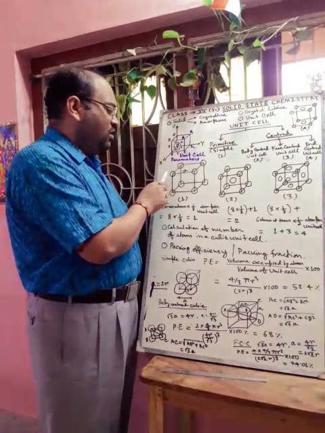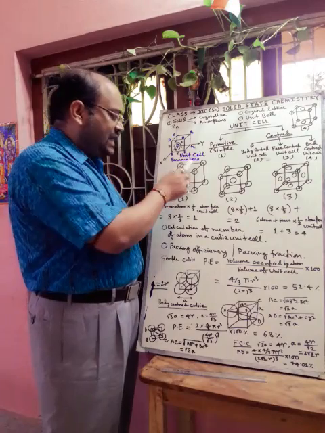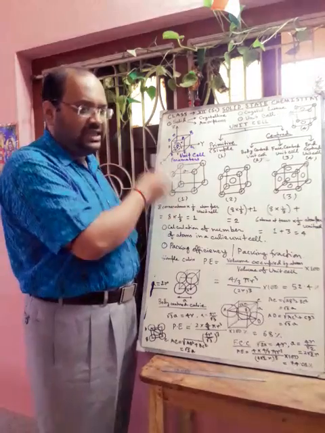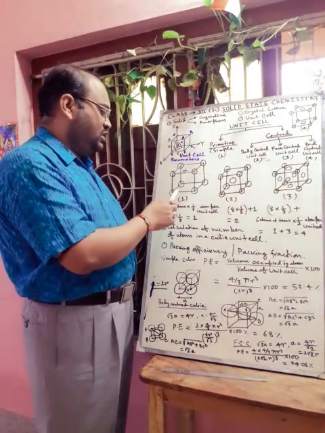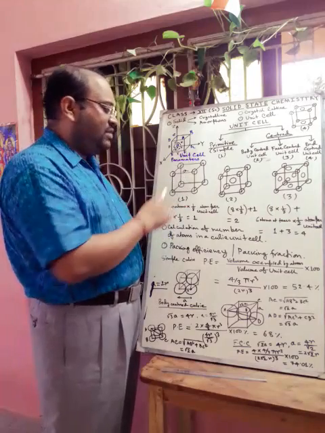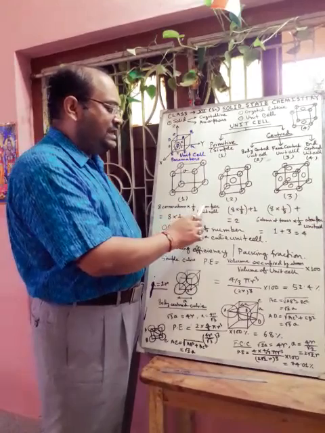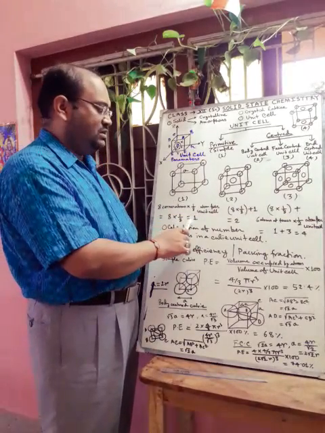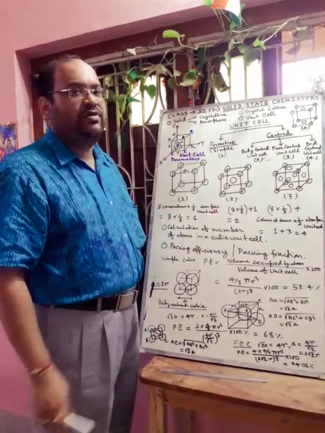So the 1/8 portion of this atom will be inside this unit cell, and the other 7/8 portion will be in the other 7 unit cells. So in this case, the total number of atoms will be 8 corner atoms into 1/8 atom per unit cell. So 8 into 1/8, 1. So in case of simple or primitive unit cell, there will be only one atom.